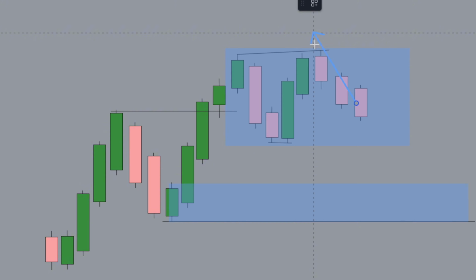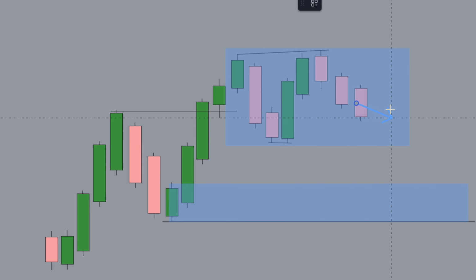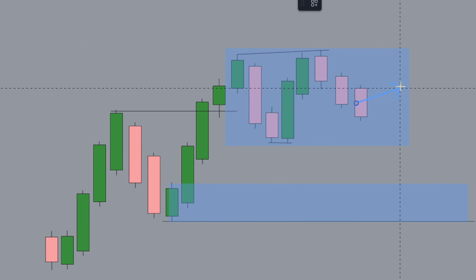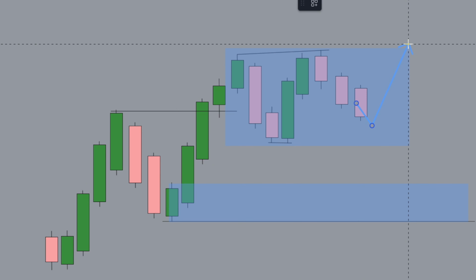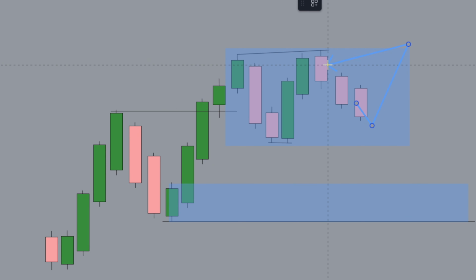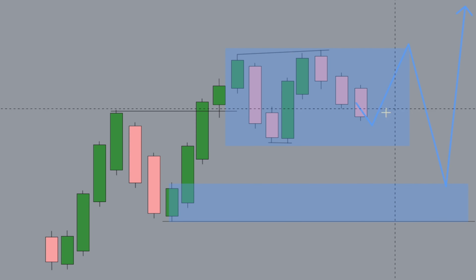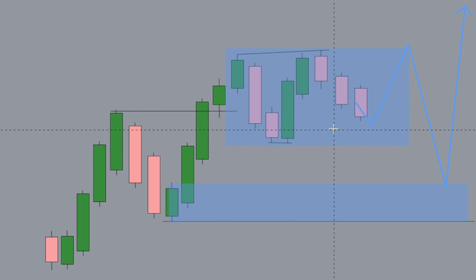The biggest thing is we already understand the story, our bias, what's a valid OB, and which side of the market we are on. We have all of that set in stone. Now we understand where liquidity is. Liquidity always follows two steps: sweeps, generates, sweeps, generates.